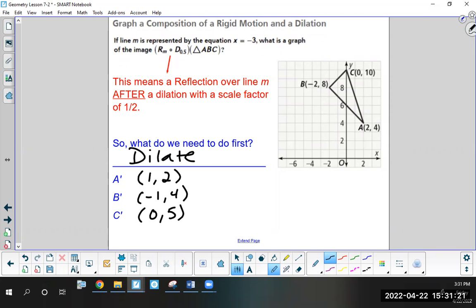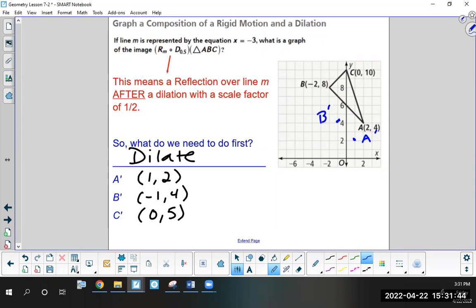If I go ahead and graph them onto my graph here, I'm going to just graph those ordered pairs. 1, 2, that becomes A prime. -1, 4, B prime.